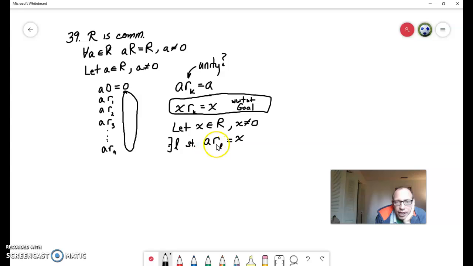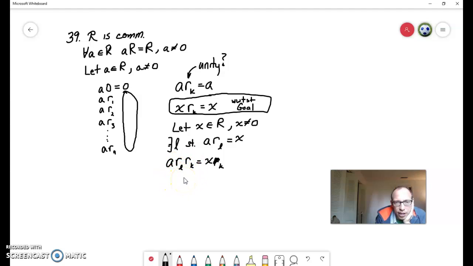Okay, so we have this A R sub L equals x. Let's multiply both sides on the right by RK, giving x times RK. Now because R is commutative, we can rearrange these things a little better.